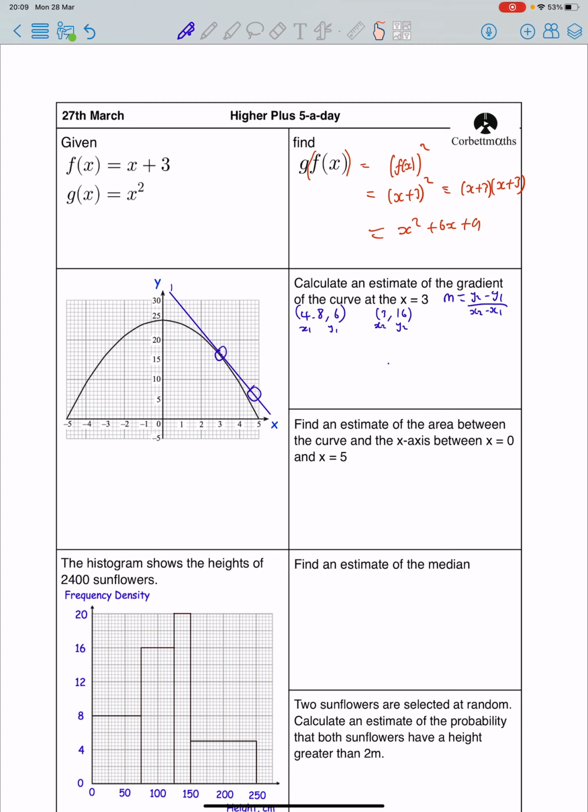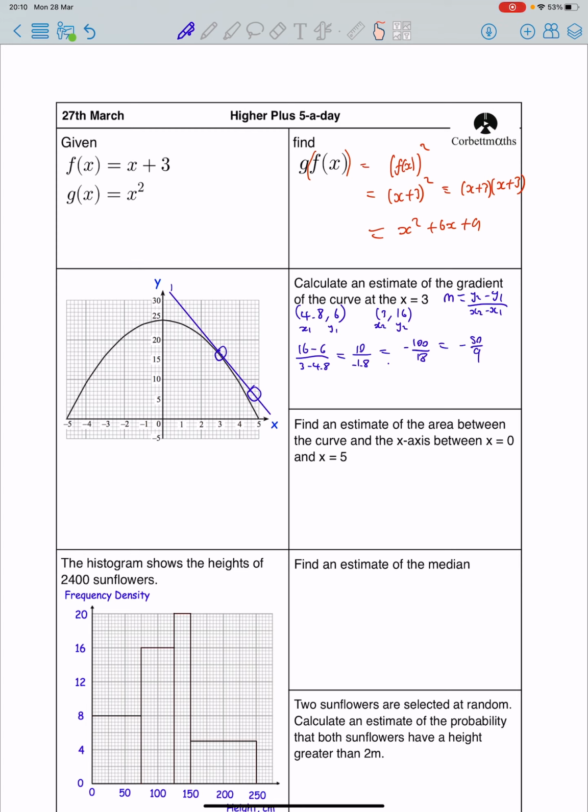Now my change in y is going to be y2 minus y1, which is 16 minus 6 over 3 minus 4.8. That's 10 over minus 1.8, or minus 100 over 18 if we like, or dividing both top and bottom by 2, minus 50 over 9.